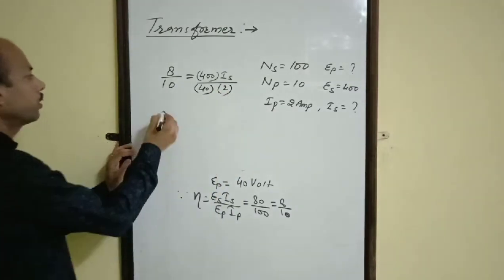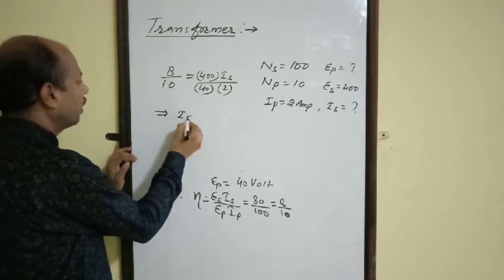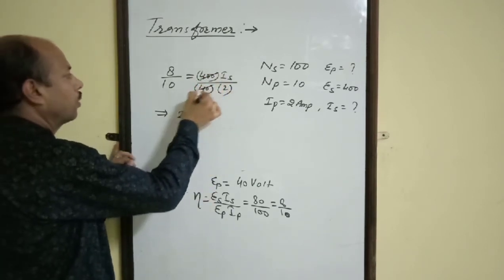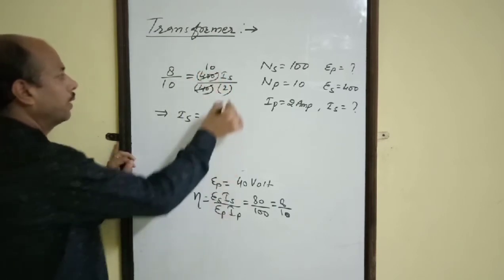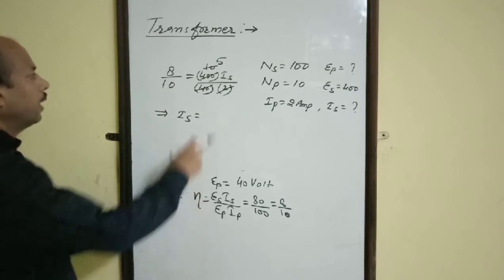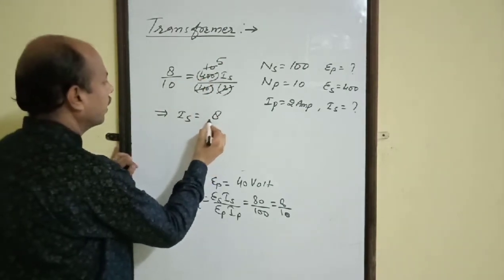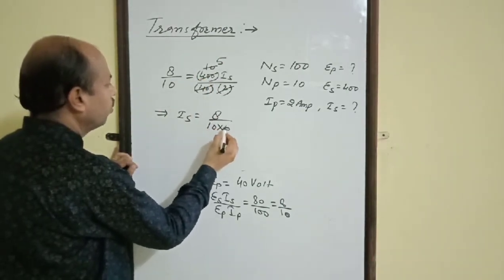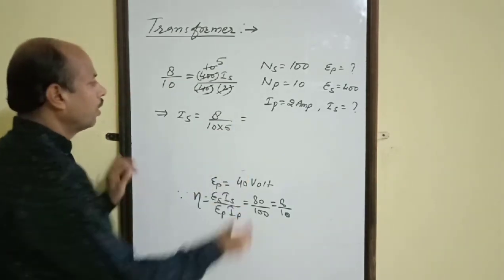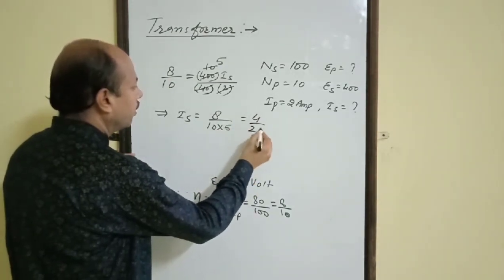Now we can solve it. IS can be written as, this will be cancelled out directly as 10 and this will be cancelled out as 5. Clear? Therefore IS can be written as 8 by 10 into 5, or that's why it can be written as 4 by 25 ampere.